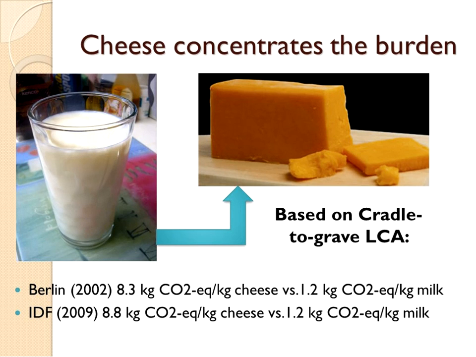And part of that has to do with the fact that cheese is a very concentrated nutritional product. There's a lot of calories, a lot of nutritional value, a lot of protein in cheese. So it looks relatively high from a carbon footprint point of view if you do it on a weight basis. However, if you do it on a nutritional basis, it looks actually more comparable to other food products.